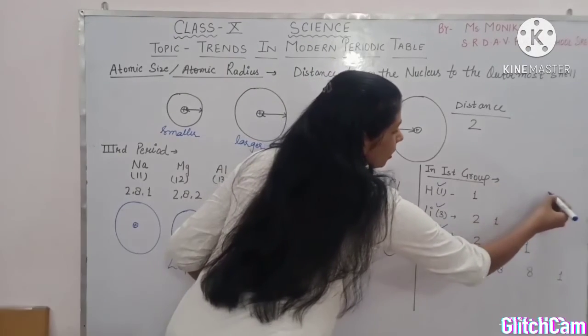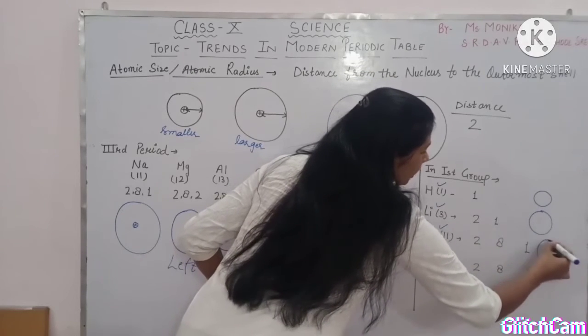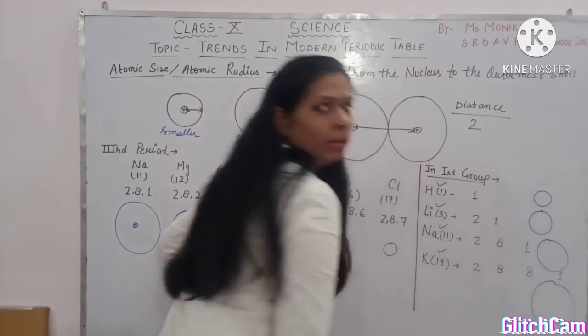So this one is the atom of hydrogen, then lithium, then sodium, and then potassium.